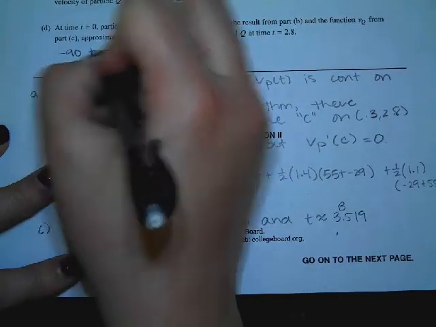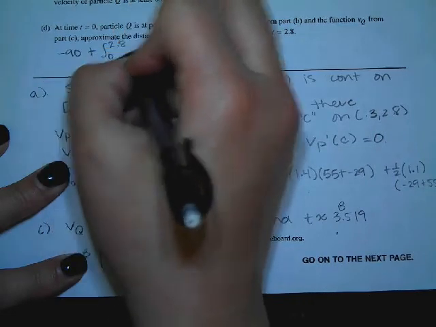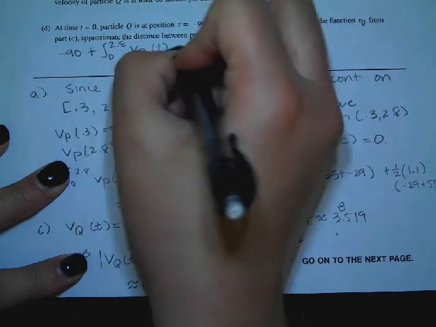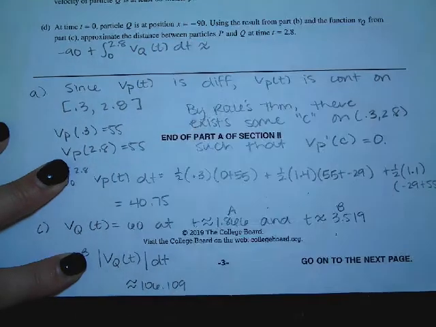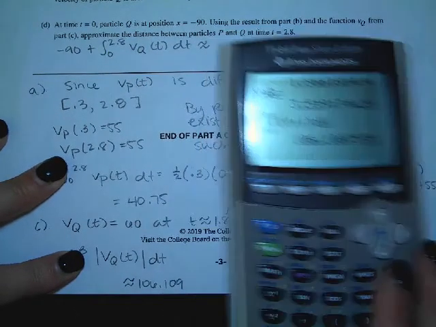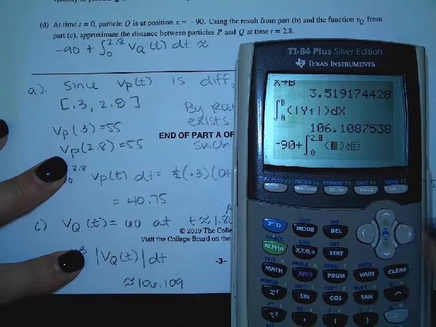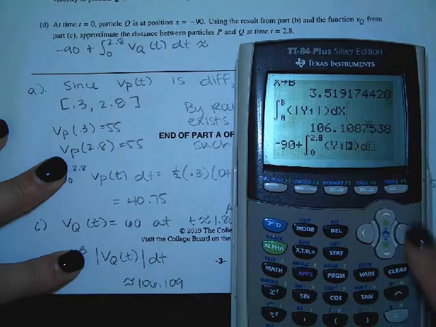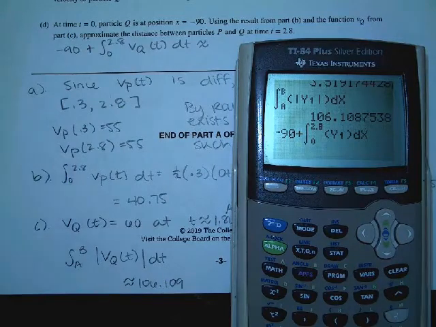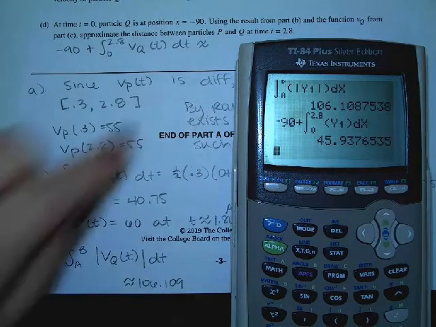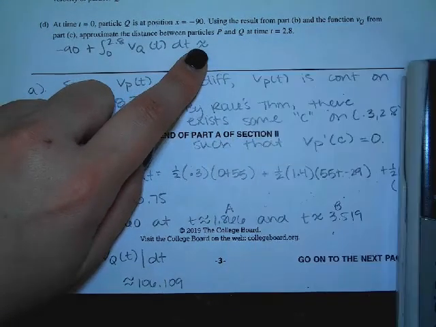So I'm going to say -90 plus the integral from 0 to 2.8 and see what that is. So 45.938.